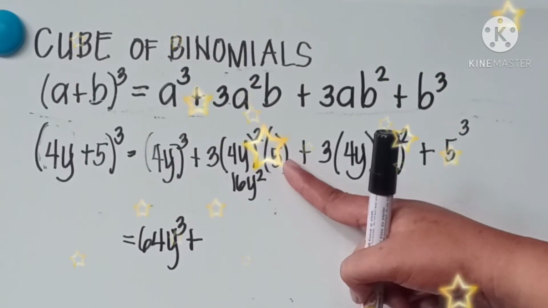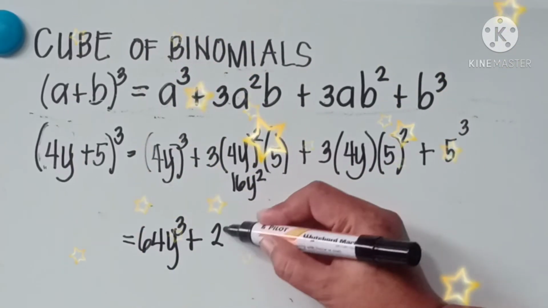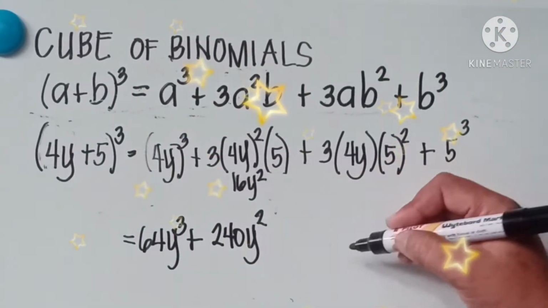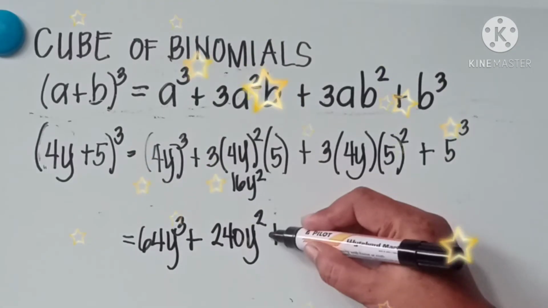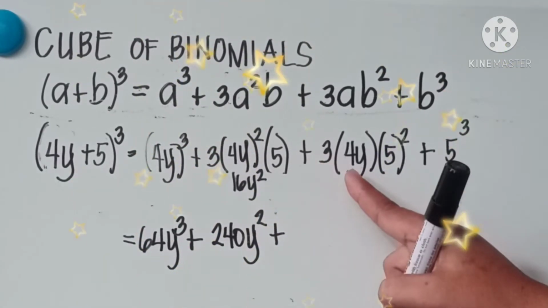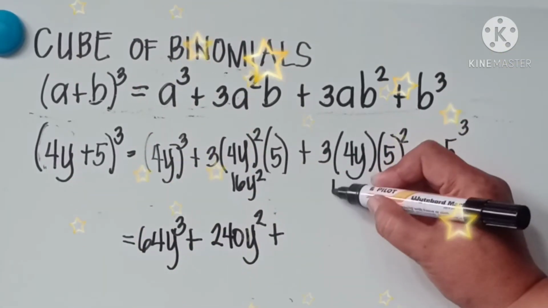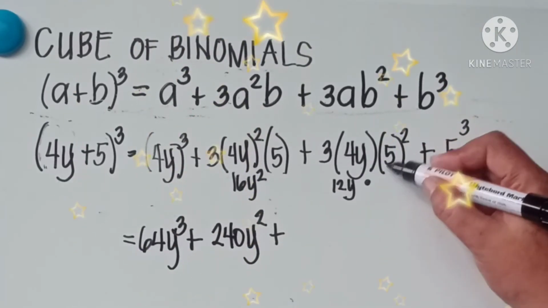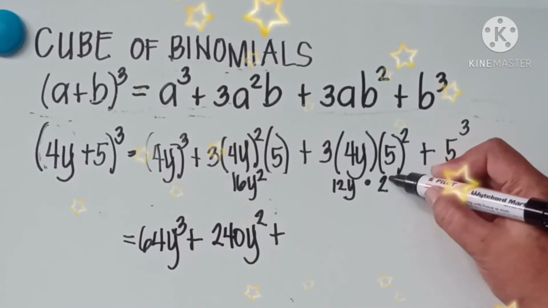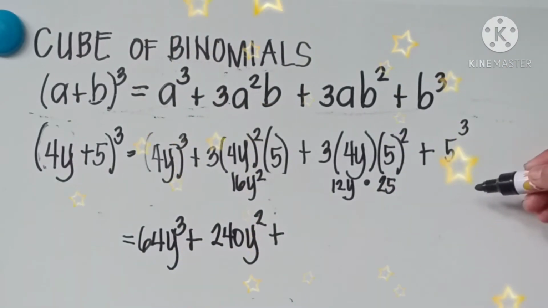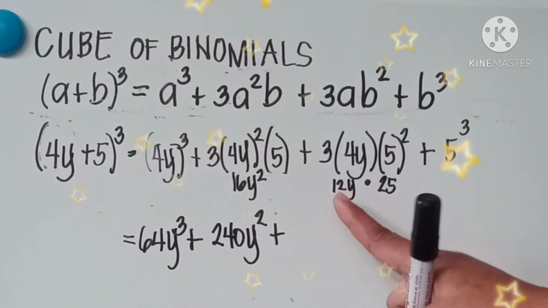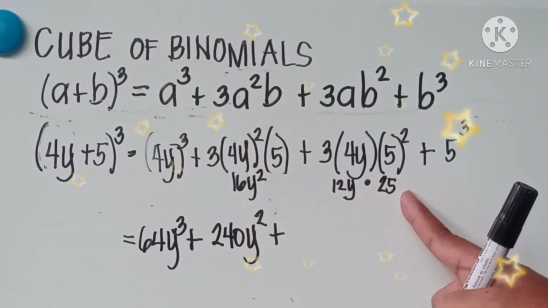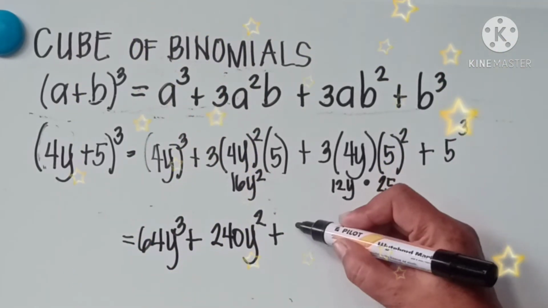So the product now is 240y squared. Then plus 3 multiplied by 4y is 12y. Then multiply this by 5 squared is 25. So what is the product of 12y and 25?